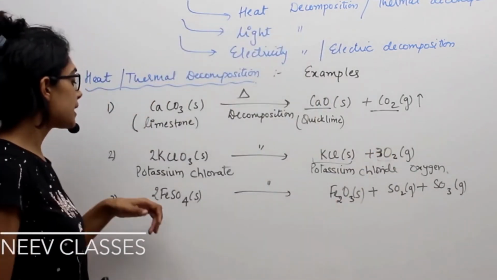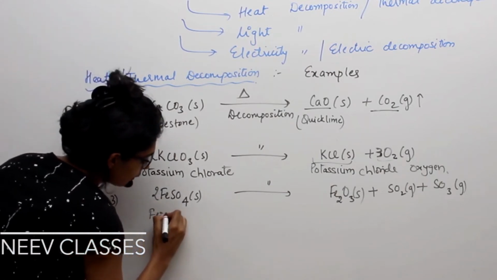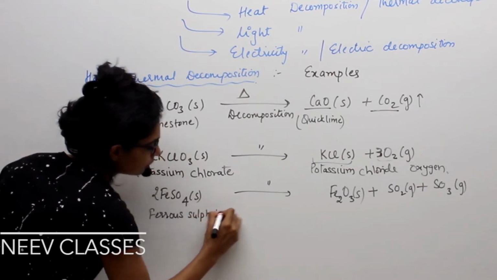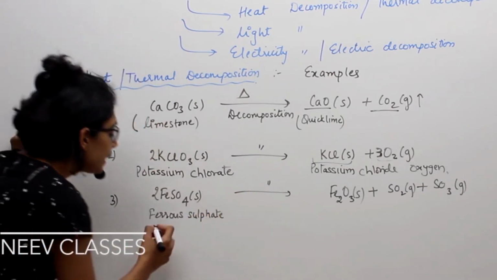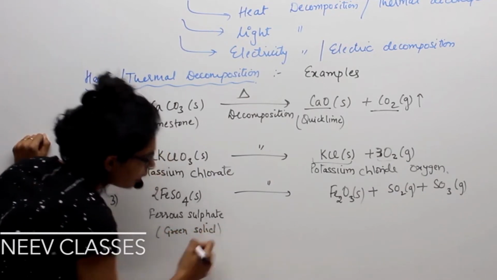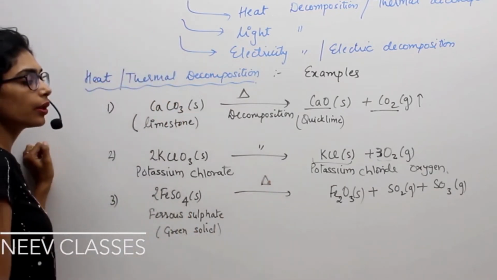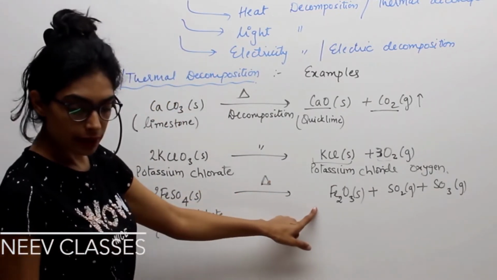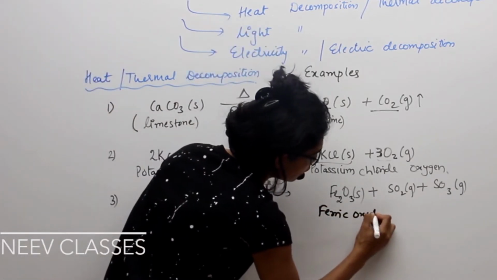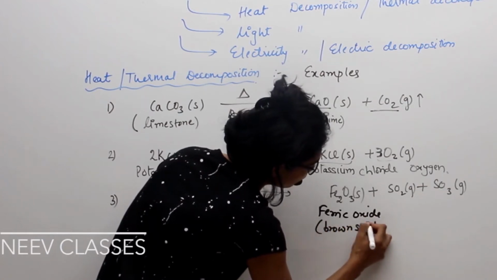Okay. The next example is of ferrous sulfate. FeSO4 is called ferrous sulfate. This is a green color solid. And when this is heated, it gets converted into ferric oxide, and this is a brown color solid.